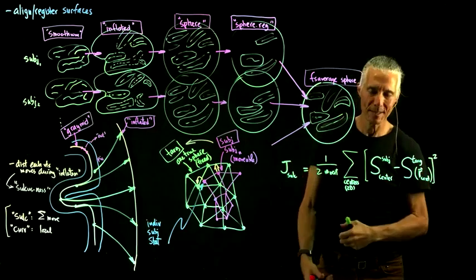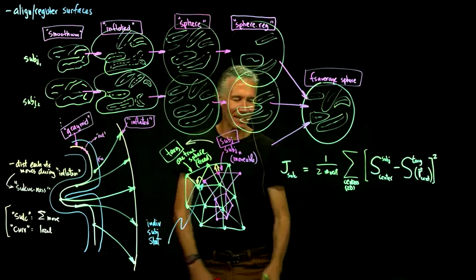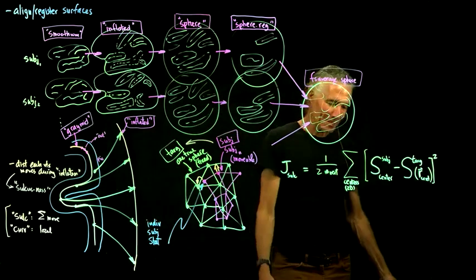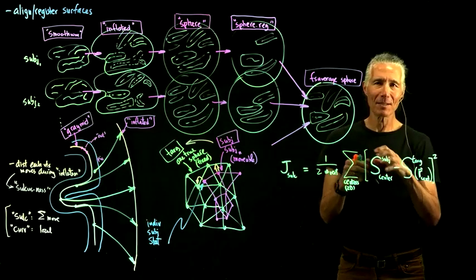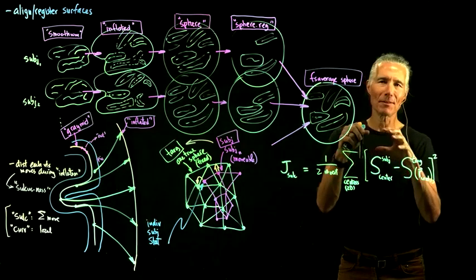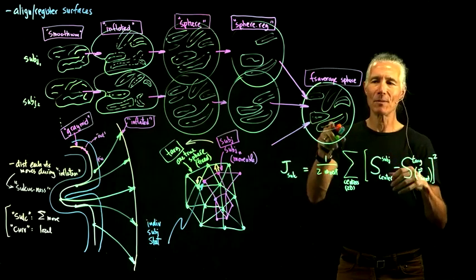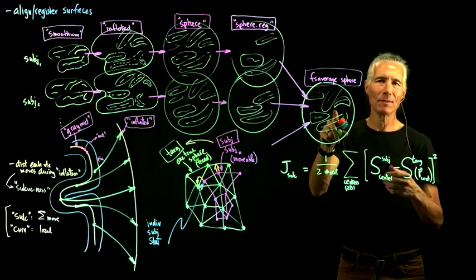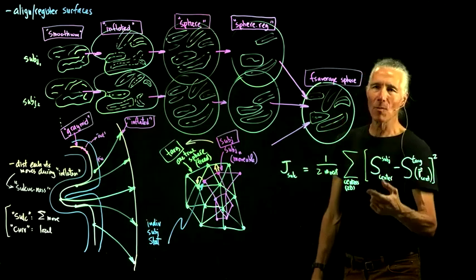Whenever anybody looks at these surfaces, they say, well, it looks kind of squished. And sorry, that's just part of the job. You cannot avoid any squishing because people's brains are different. Some parts are a little bigger, some parts are a little smaller. So if you have a bigger part, obviously it's going to get squished when you head to the average if it's smaller on average. So there's always going to be some squishing, but we will adjust the weight.